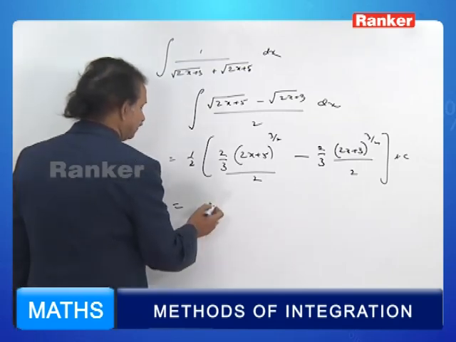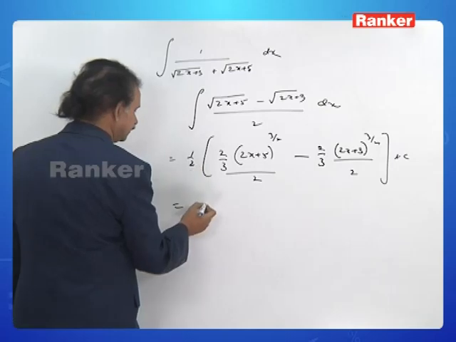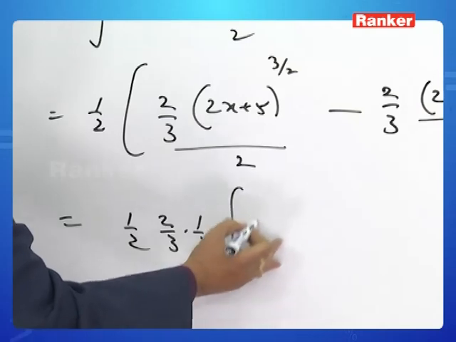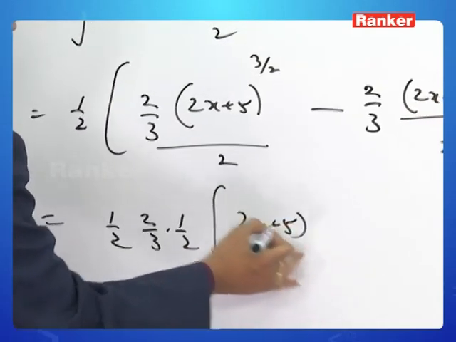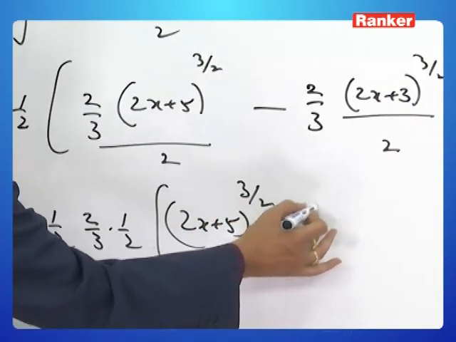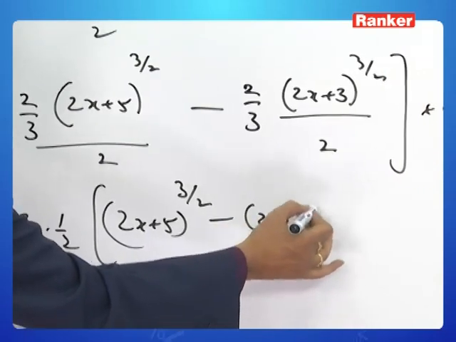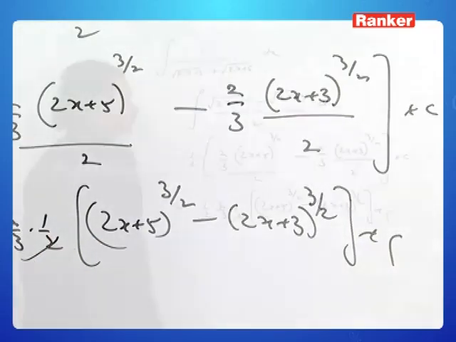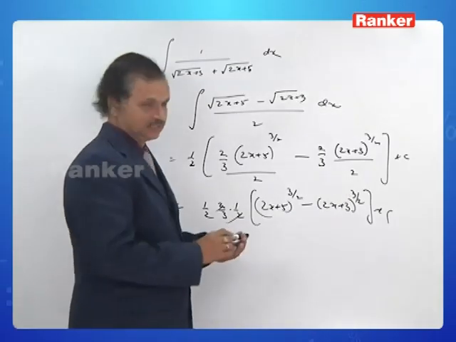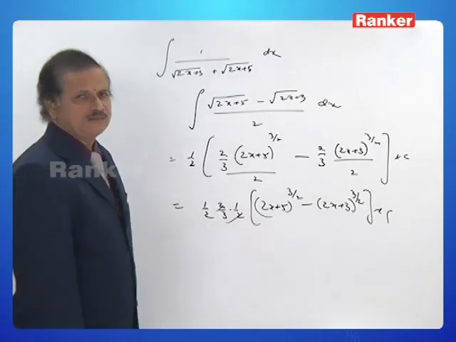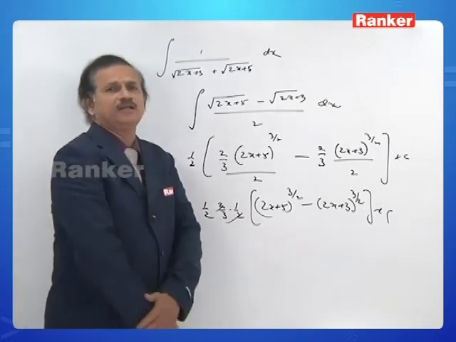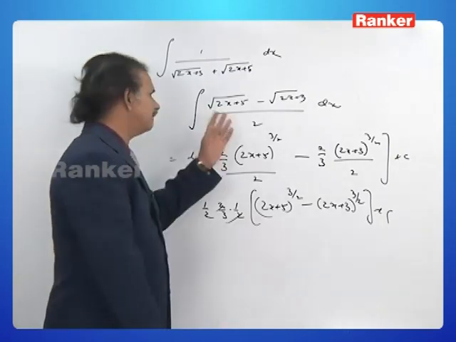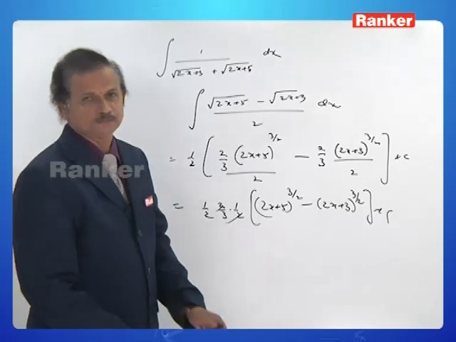You can get 1 by 2 into 2 by 3 into 1 by 2 into 2x plus 5 whole to the power of 3 by 2 minus 2x plus 3 whole to the power of 3 by 2 plus c. Of course, it is 1 by 6 into that. That is, as and when the given expression is not in a standard form, we bring it to one by some means. Here we have used the rationalization procedure.